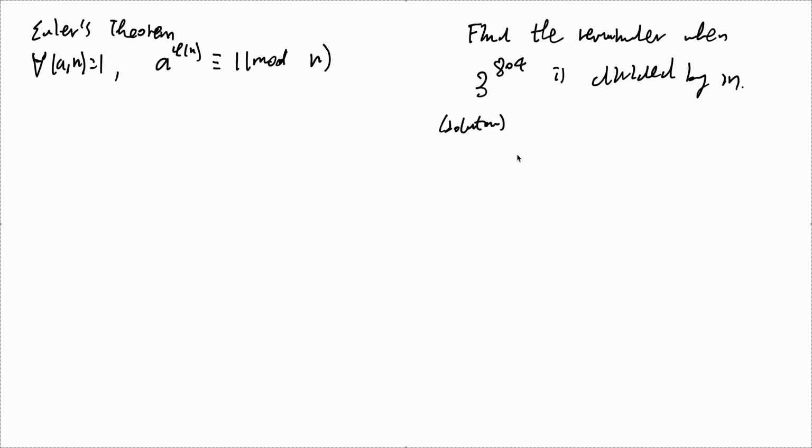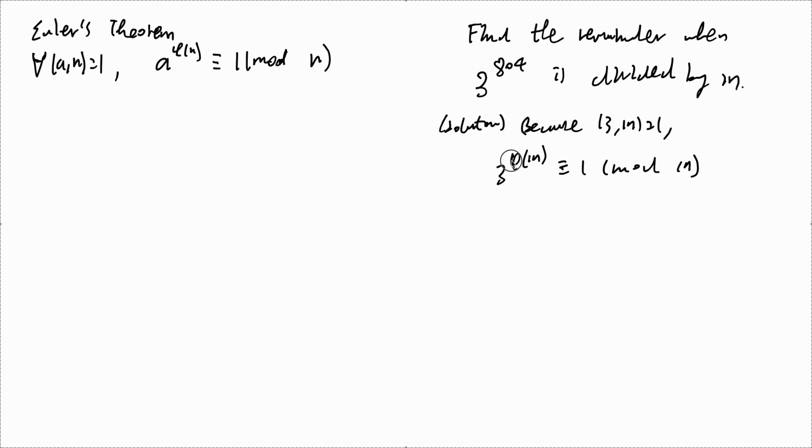So we know that this is true, and I'll just write it here quickly. Because the gcd of 3 and 17 equals 1, 3 to the power of phi of 17 is congruent to 1 mod 17.